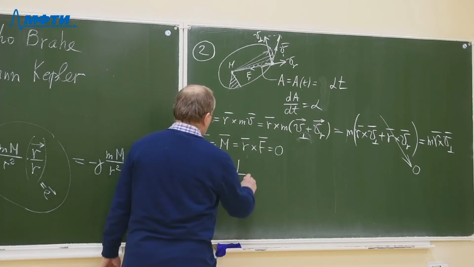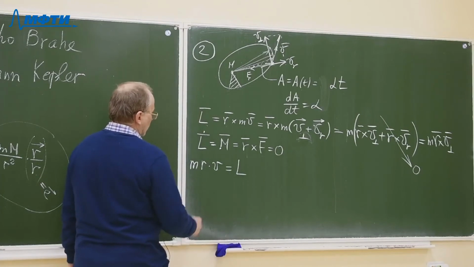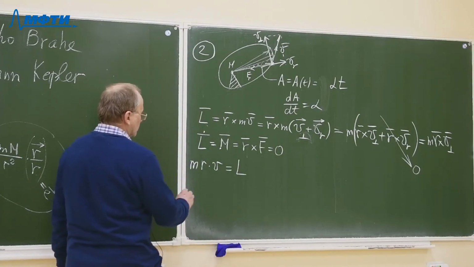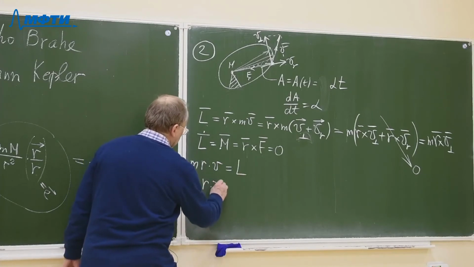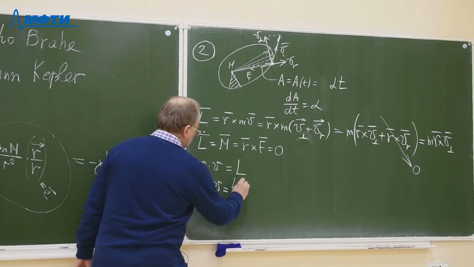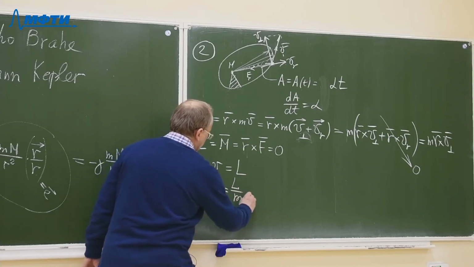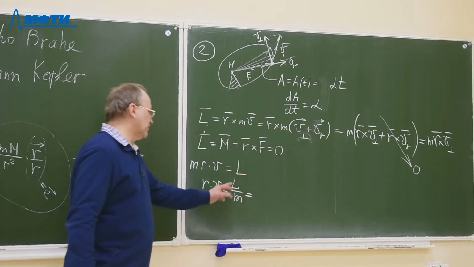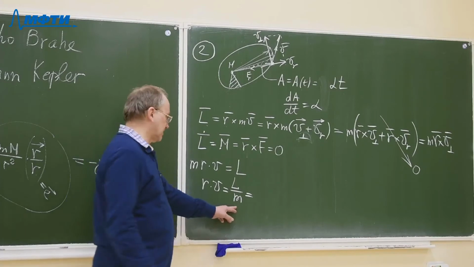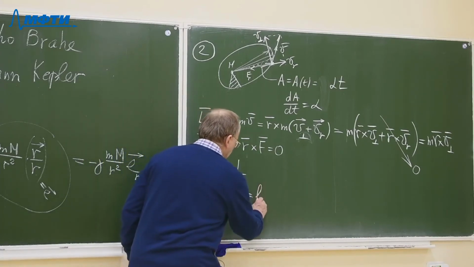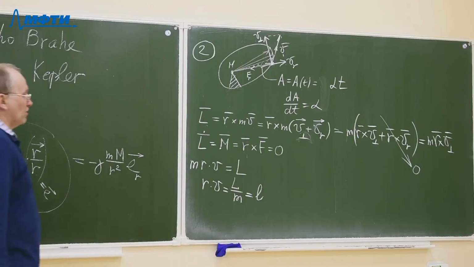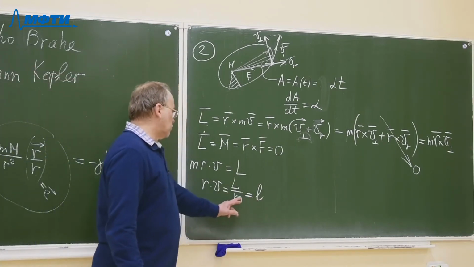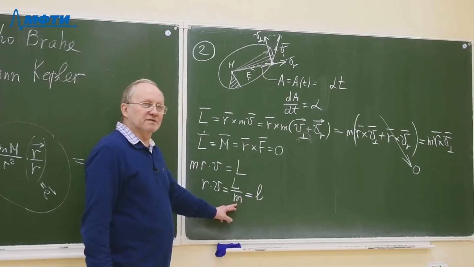This is L. And I would like to consider such a vector which is divided by mass: r times velocity equals capital L divided by mass. This physical quantity is called angular momentum per unit mass, and I will denote it by small letter l. This is the angular momentum of the planet per unit mass of the planet.